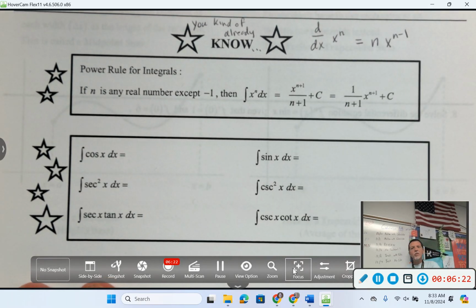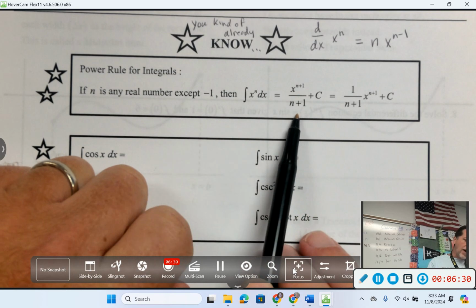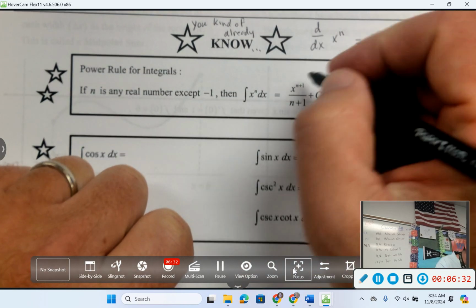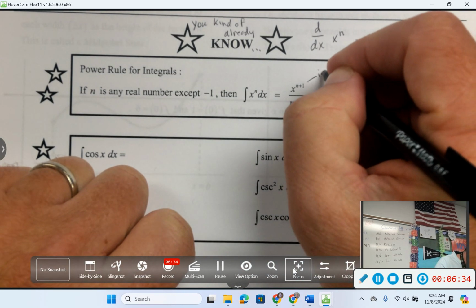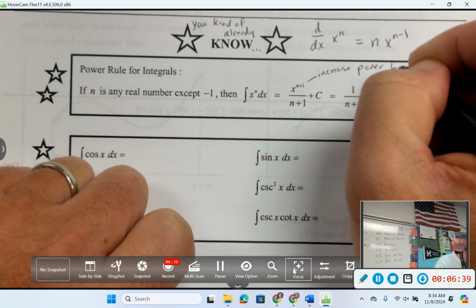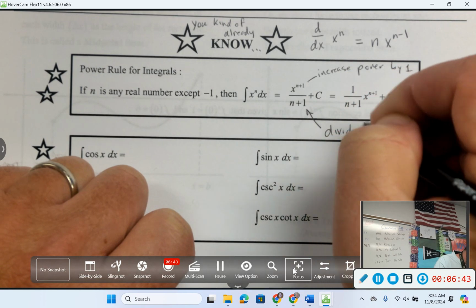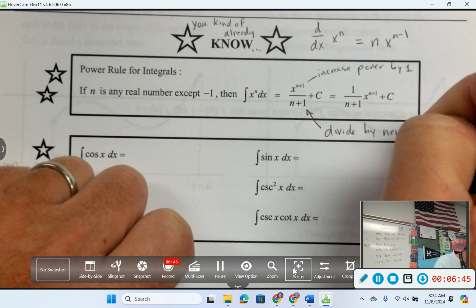That's old school, easy stuff. If we want to go backwards, then we increase the power by 1 and divide by the new exponent.